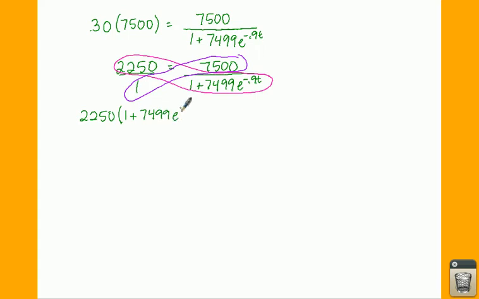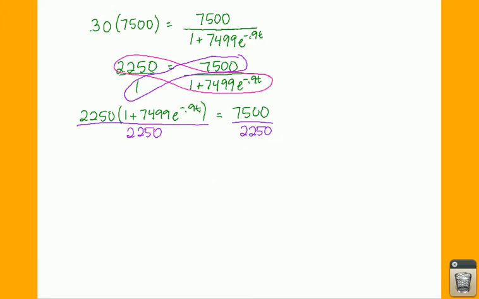1 plus 7499 e to the negative 0.9t equals 7,500. And don't distribute the 2,250. You can if you want, but I think it's going to be a little bit uglier if you do that. Let's go ahead and just divide both sides by 2,250. I'm going to get some ugly numbers here.